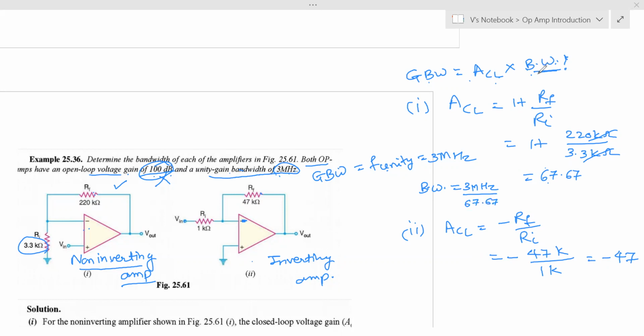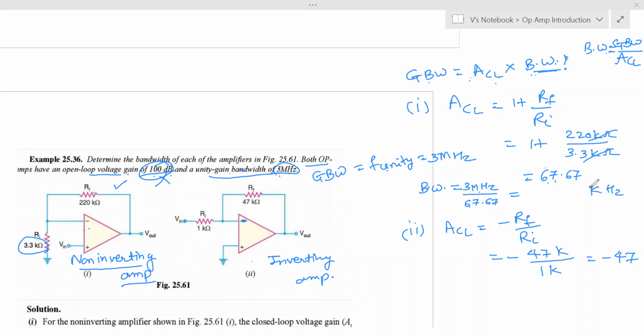है ना? बैंडविड्थ का फॉर्मूला क्या होगा? GBW divided by ACL, right? So हमारा GBW is 3 megahertz divided by this gain is this one. इसको कैलकुलेट करो. You can absorb this 10 raised to power मेगा का 10 raised to power 3 इसमें absorb करो और किलो हर्ट्ज में एक्सप्रेस करो.